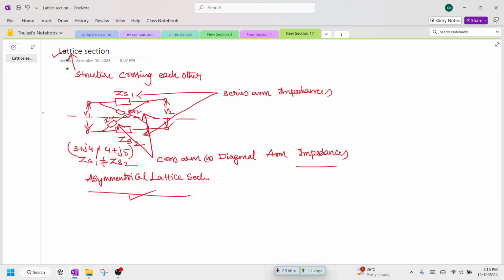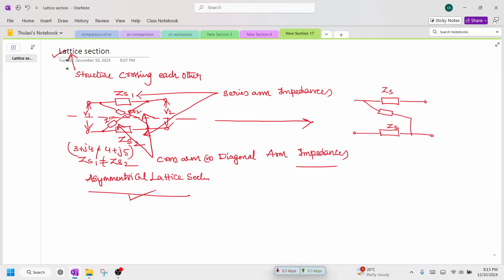Now, how to convert this unsymmetrical lattice into a symmetrical one? It's very simple to analyze. Try to draw this impedance. This is a series impedance, which I'm going to label as ZS, and the other series impedance I'm also going to label as ZS. You can see both ZS are the same. Then we have the diagonal arm impedances.